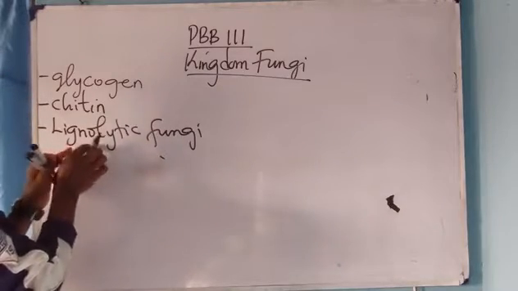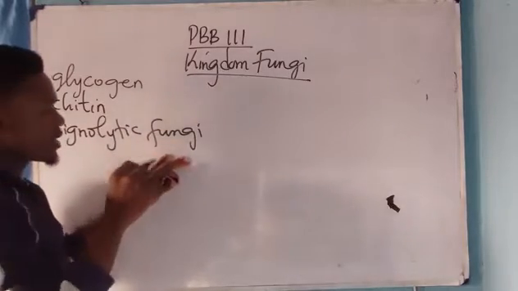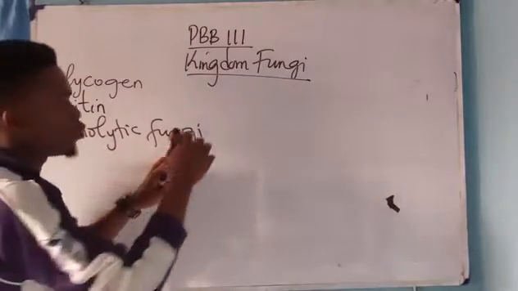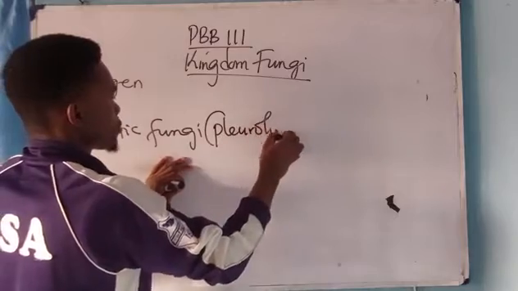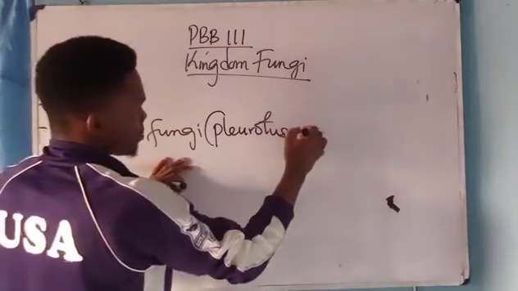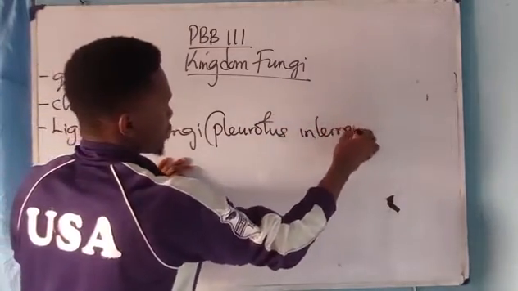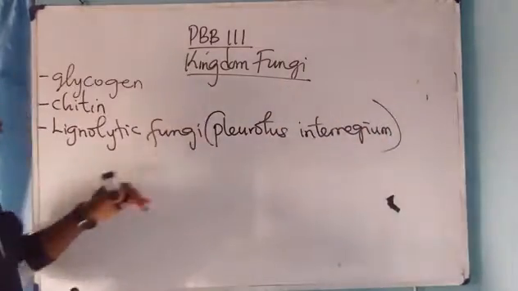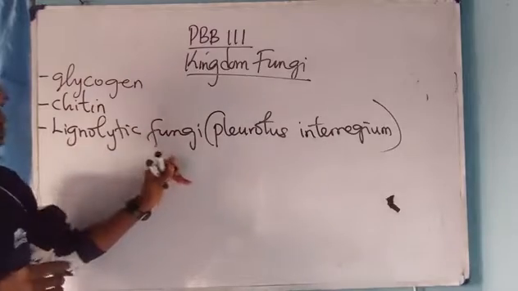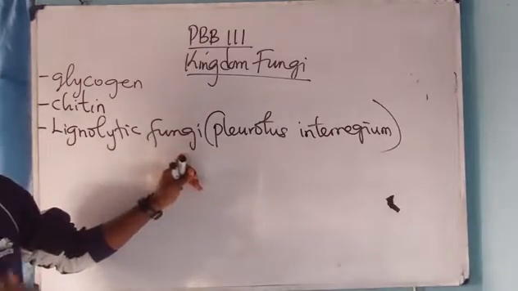They are called lignolitic fungi because they grow on dead wood. An example is Pyrotus interregium, a lignolitic fungus found growing on dead wood.